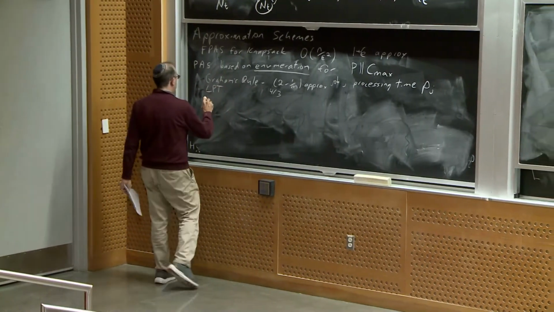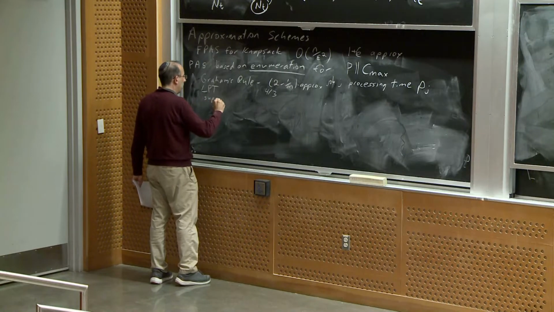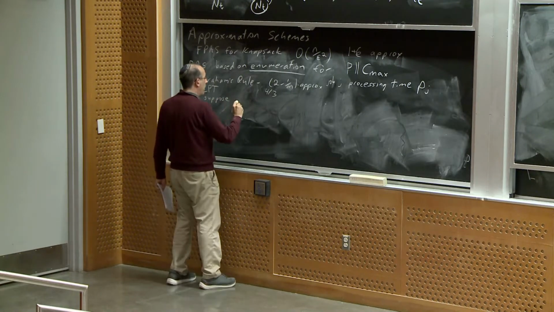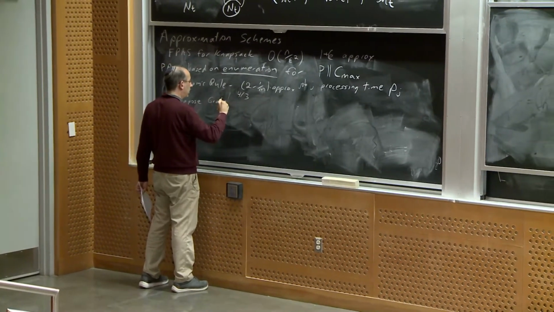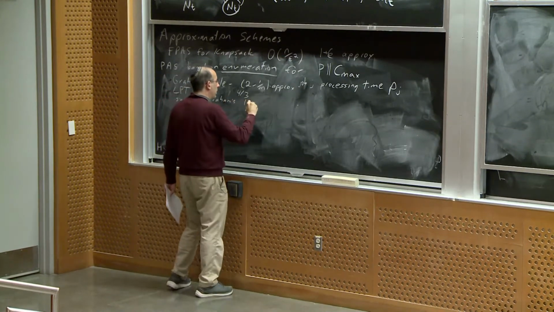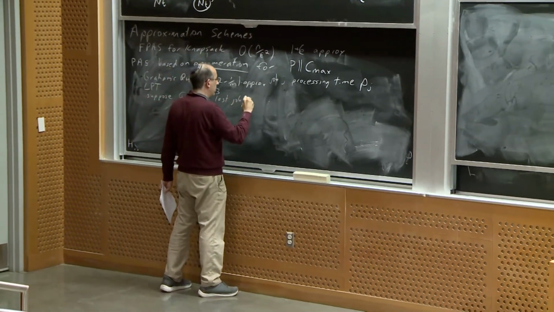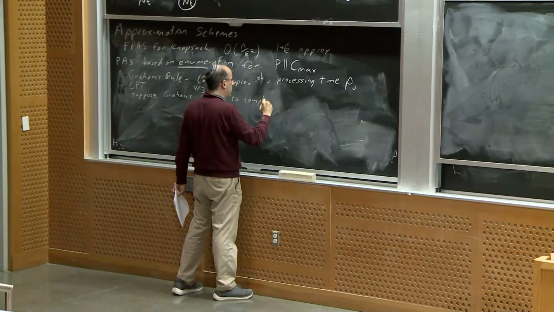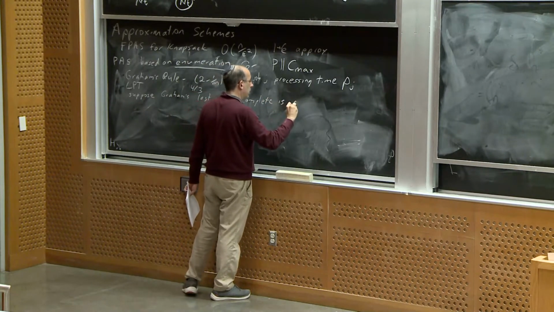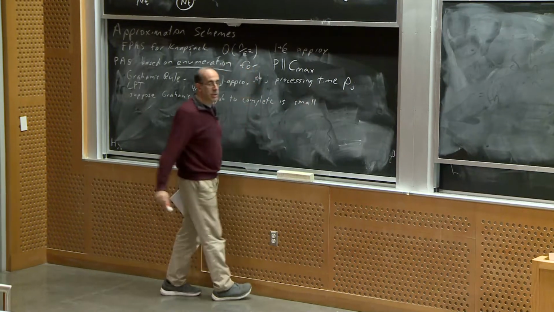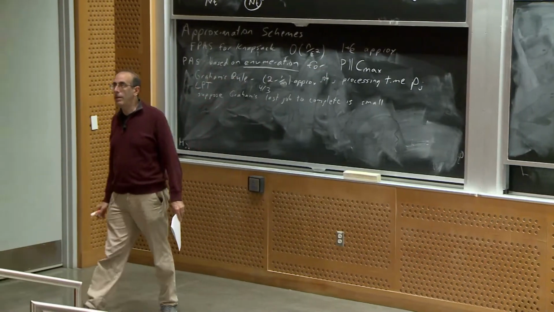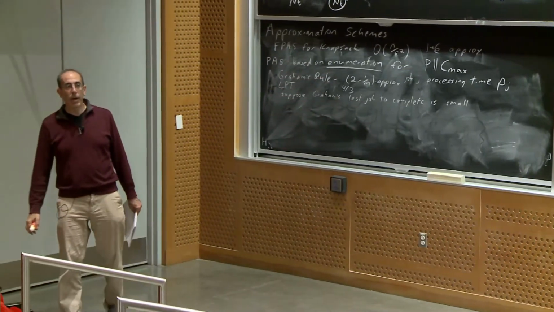Suppose that with Graham's rule, the last job to complete is small. I claim that in that case, we're in a really good situation. How come?